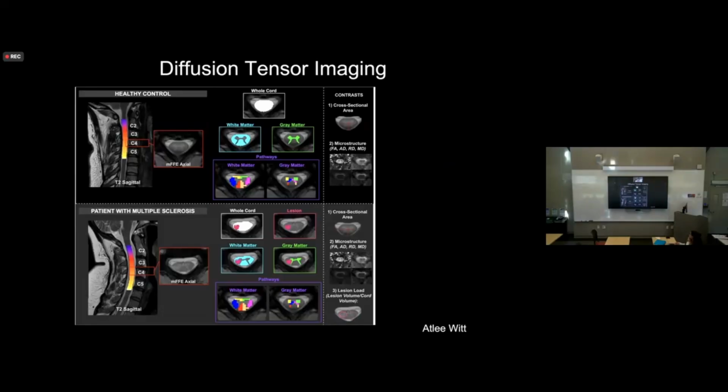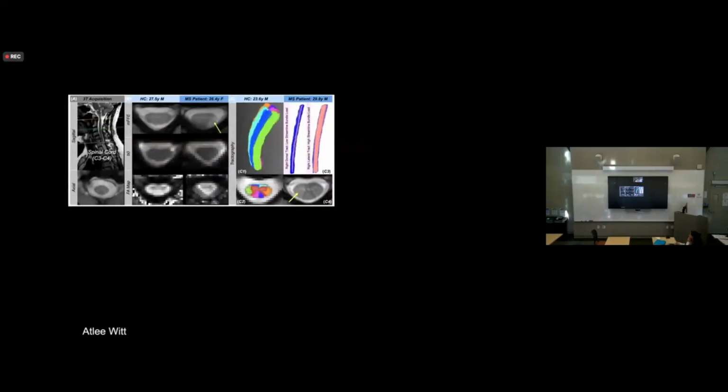Diffusion tensor imaging is sort of our basics. We have single shell, we can acquire multiple directions and look at white matter and gray matter lesions, and use tractography to start to look at the columns of the spinal cord that are involved in MS and how much they are involved.